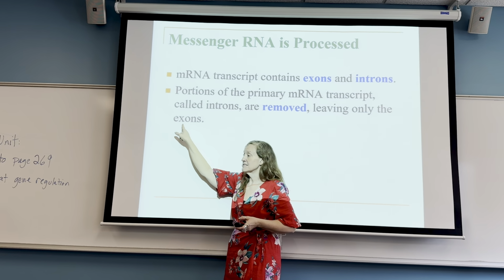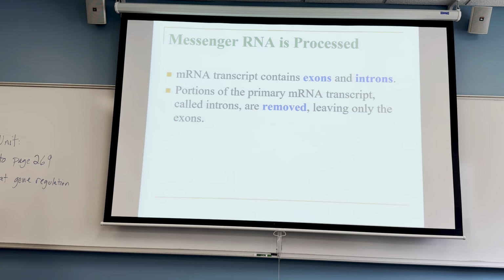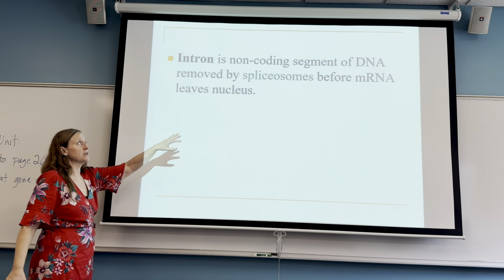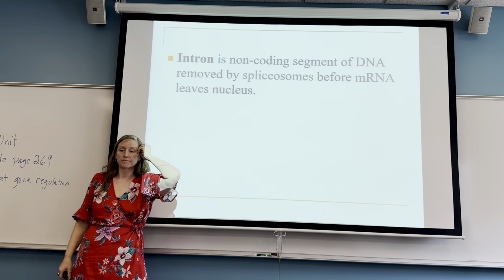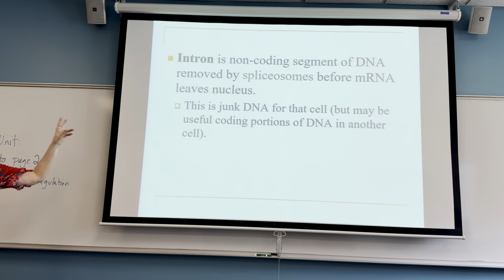So the exons that exit, those are the coding portion. The introns are the junk portion. To get the introns out, that junk portion, you have an enzyme that's called a spliceosome that is used. Again, the introns are the junk DNA.